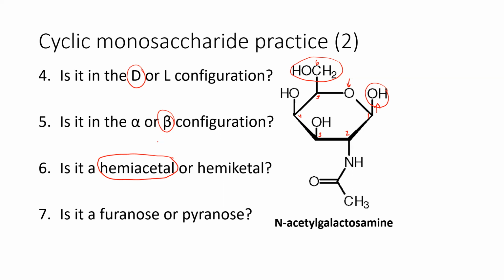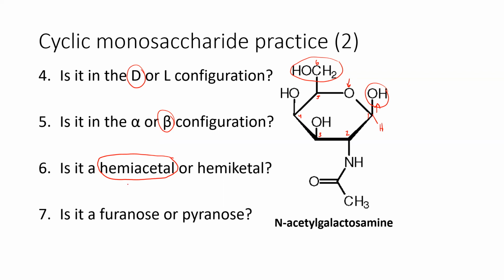The other way, if you're looking at the sugar and you're not sure if it used to be a ketone or an aldehyde, you would want to look at the carbon that used to be the carbonyl carbon, which is carbon number 1, our anomeric carbon. If your anomeric carbon has an H coming off of it, it's a hemiacetal.